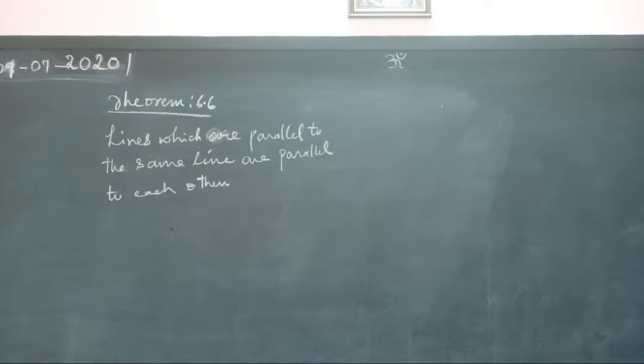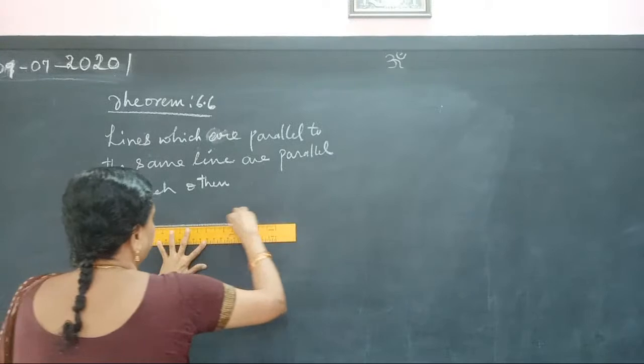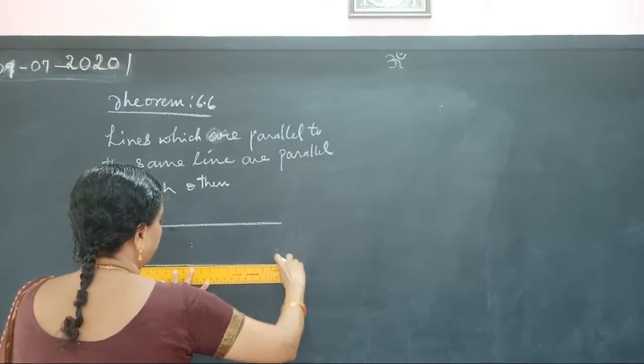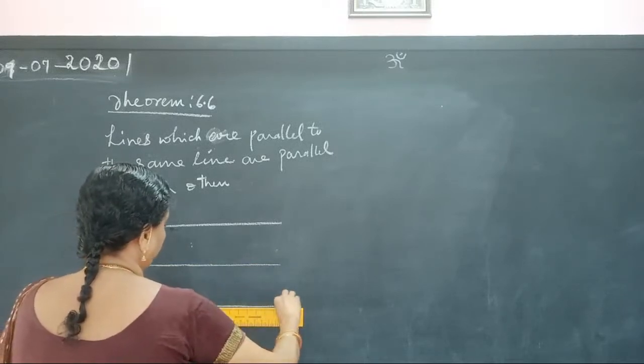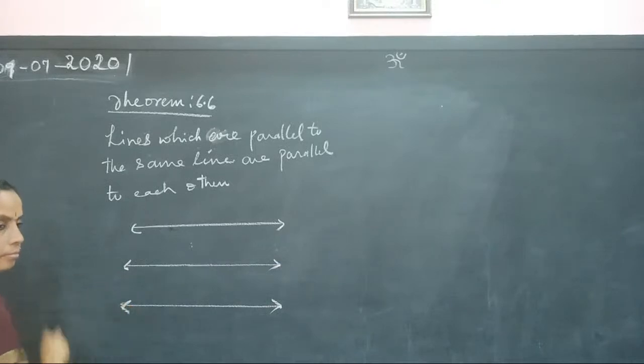Draw 3 parallel lines and below the parallel lines get a transversal which intersects these 3 parallel lines.